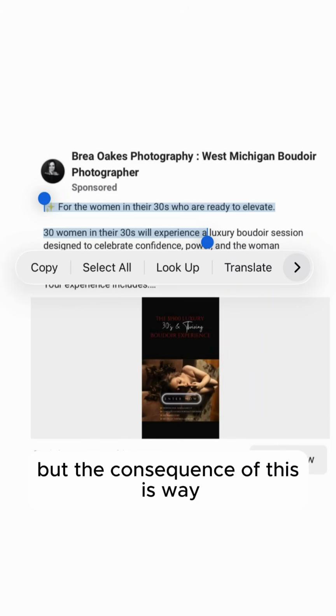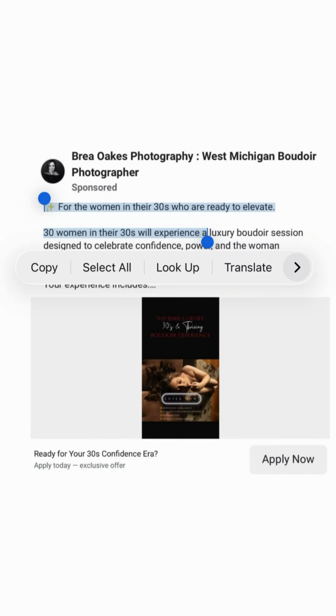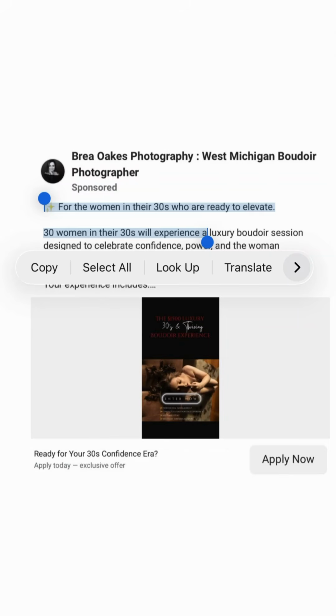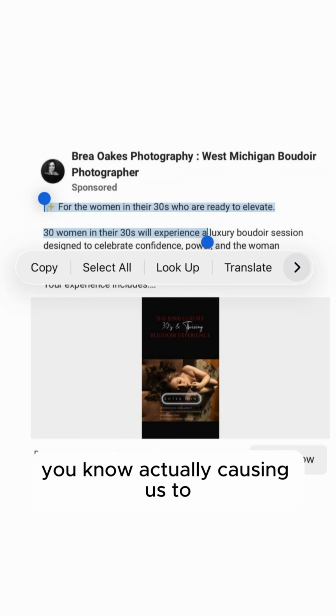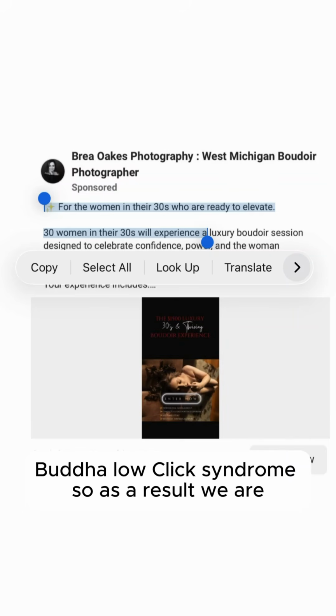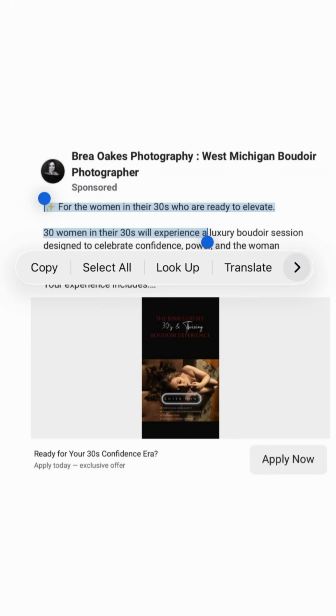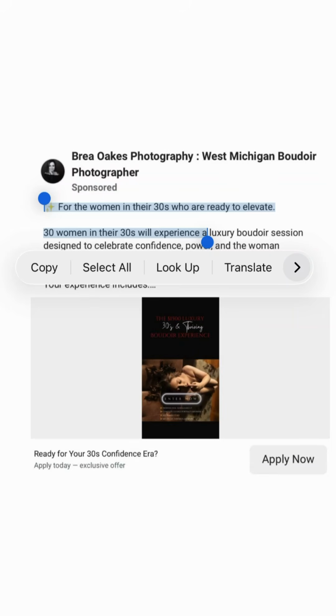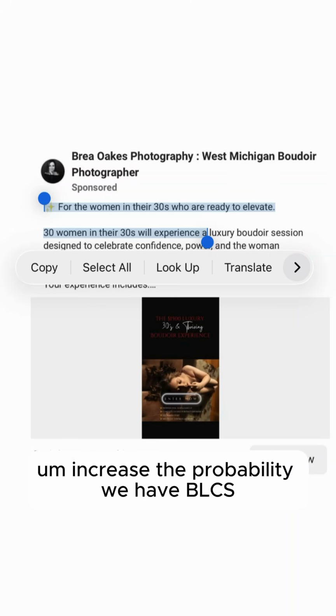But the consequence of this is way more women scrolling by our Boudoir Facebook ad than necessary, pulling our unique CTR under 6%, and causing a higher probability of having BLCS, Boudoir low click syndrome.